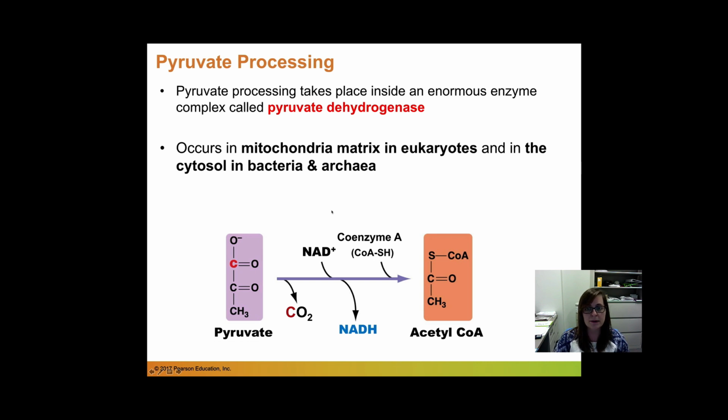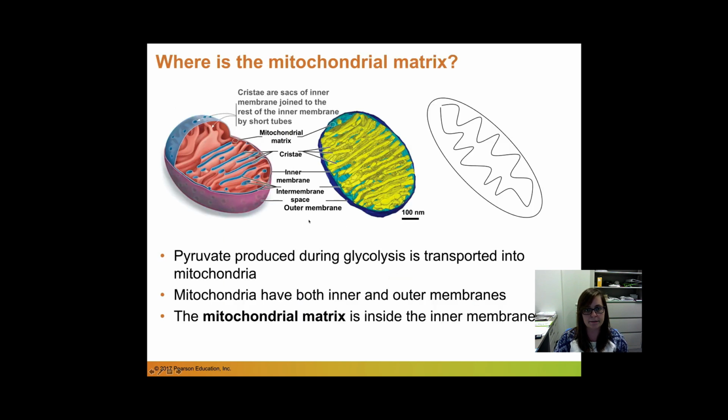This step occurs in the mitochondrial matrix in eukaryotes, and in the cytosol in bacteria and archaea. So what is the mitochondrial matrix? Here's the mitochondria, and inside it has these cristae, which are sac-like structures, and inside the cristae is the intermembrane space, right?